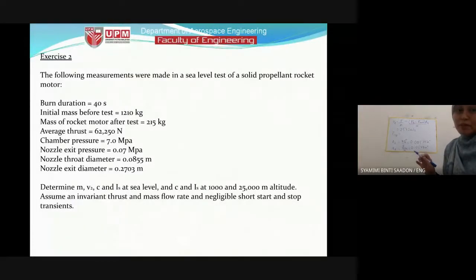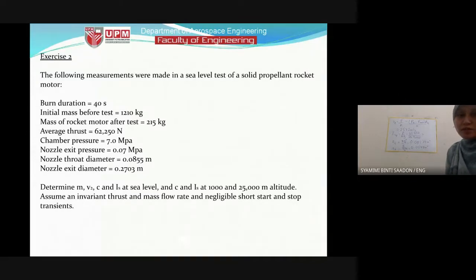The specific impulse is F over m dot g, like just now. So the thrust force is 62,250 over the mass flow rate 34.9 again, times the acceleration 9.81.